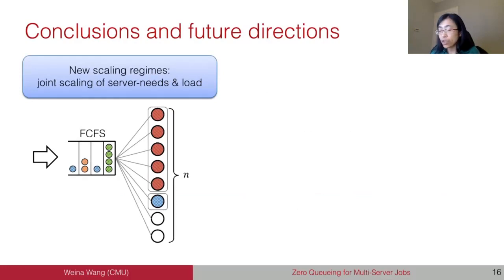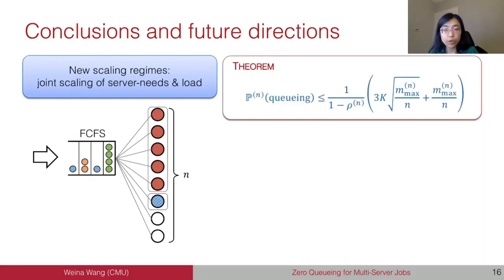Then we studied the latency of jobs. We give an upper bound on the queuing probability, and this upper bound allows us to derive conditions for the queuing probability to converge to zero.